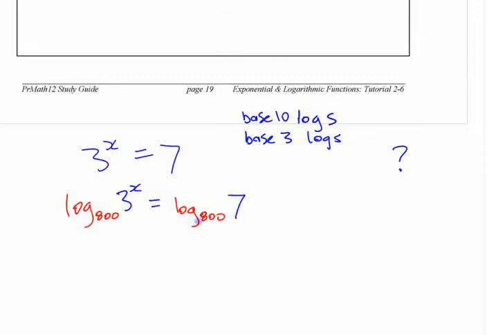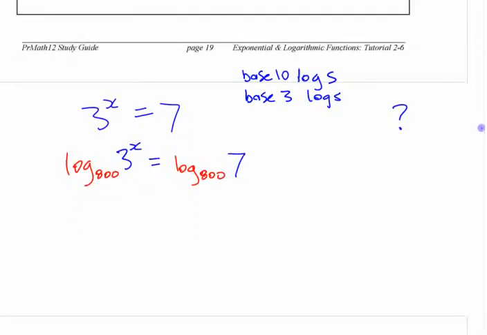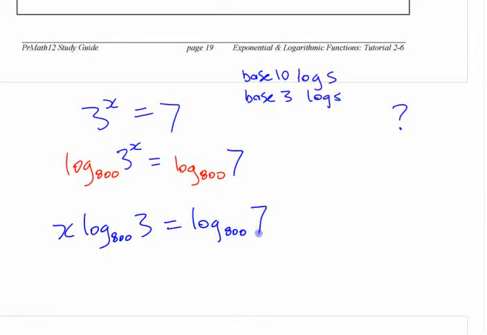As long as you do the same thing to both sides, which we did, we took the log base 800, I can still follow it through the way I did before, because I can take this thing and put it in the front, right? And what am I going to get here? I get x times log base 800 of 3 equals, oops, I forgot the 7 there, log base 800 of 7. And then how could I write what x is?